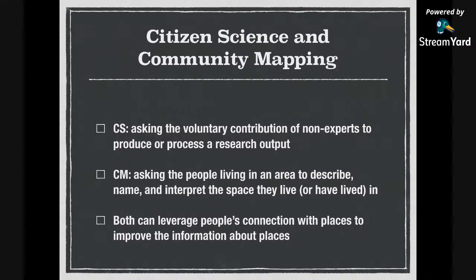So to give their experience of the place, and to help create a map, a symbolic representation of that space. And one thing that is really strong in community mapping is inviting people to identify the most valuable features in a place, the things that they believe are worthy of being on a map of that place.